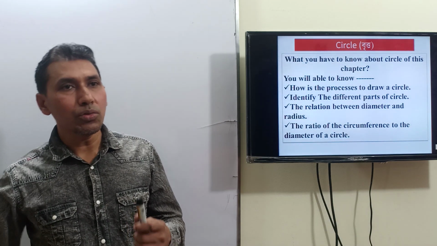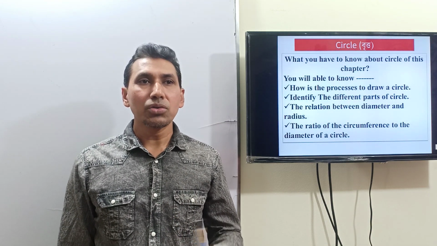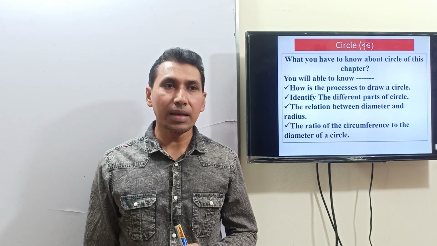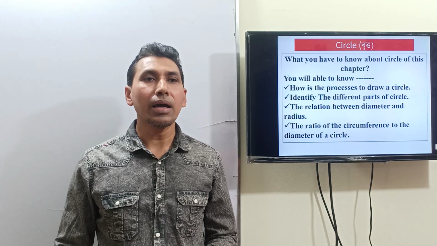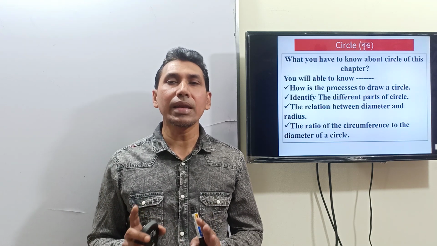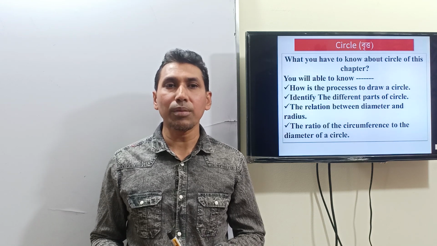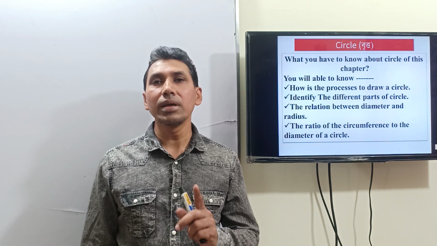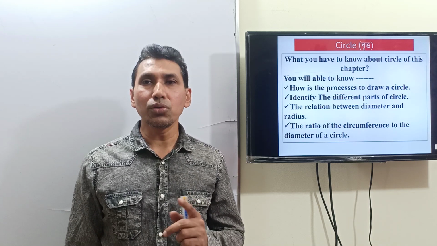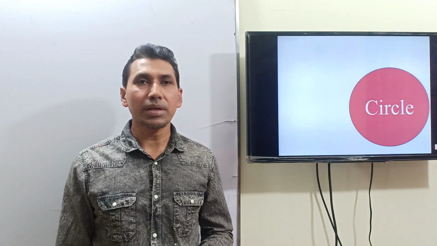What you have to know about the circle in this chapter is the process to draw a circle, identify the different parts of a circle, the relation between diameter and radius, and the ratio of the circumference to the diameter of a circle. You will be able to know these items in this chapter.